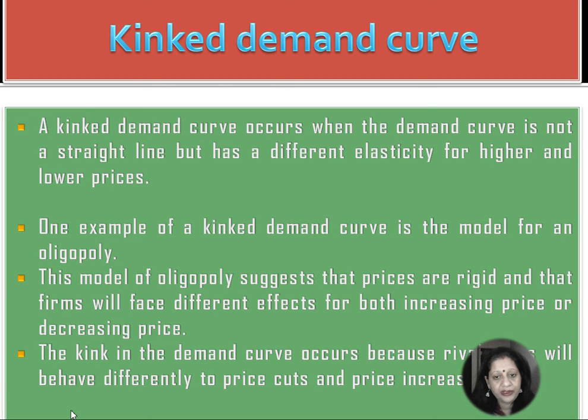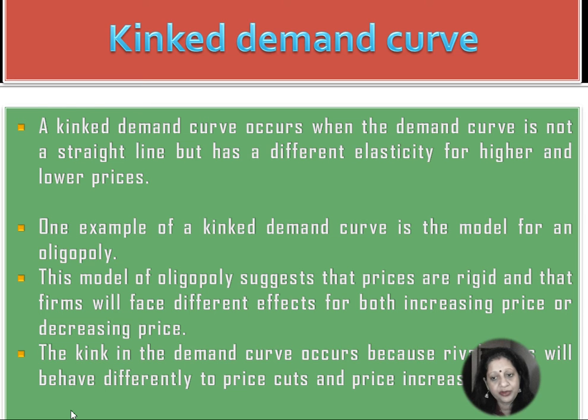One example of a kink demand curve is the model for an oligopoly. This model of oligopoly suggests that prices are rigid and that a firm will face different effects for both increasing and decreasing price. In both situations, the firm has to bear some impact. If the prices are rising, the firm earns more and more profit, and if there is a continuous decrease in price, the firm is in a phase of earning loss.